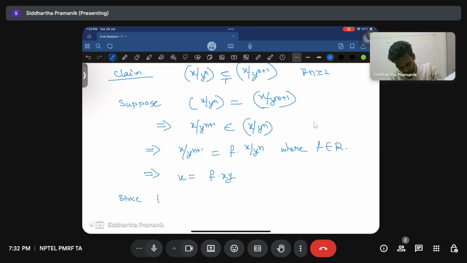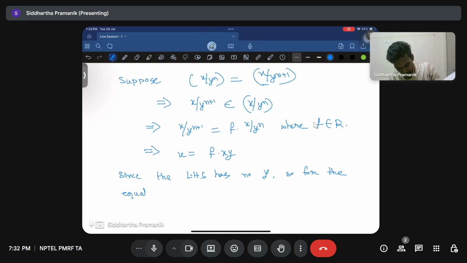Since the left-hand side has no y, for the equality f must have some term involving 1/y.